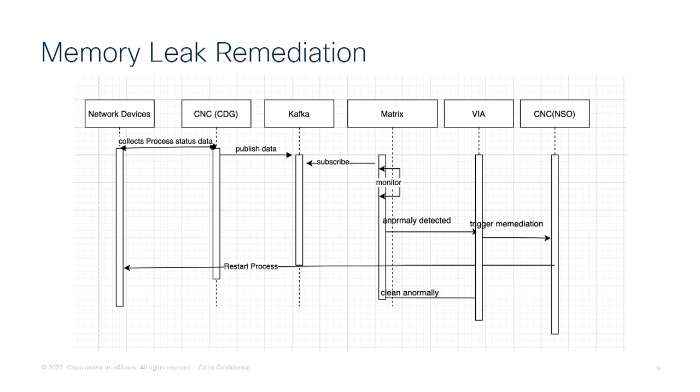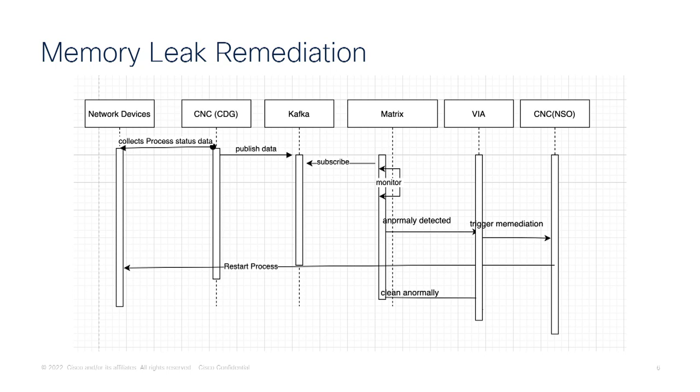When it detects an anomaly, it sends an alert to Virtual, and Virtual will do some AI ops and decide whether this is just temporary or whether we should trigger remediation. That decision is made by Virtual. Once the trigger decision is made, it invokes CNC and NSO automatically to restart the process. And once this is restarted, the network devices should become normal.